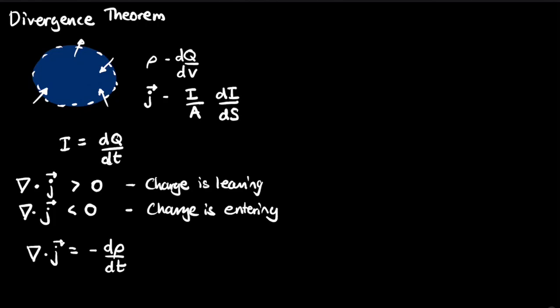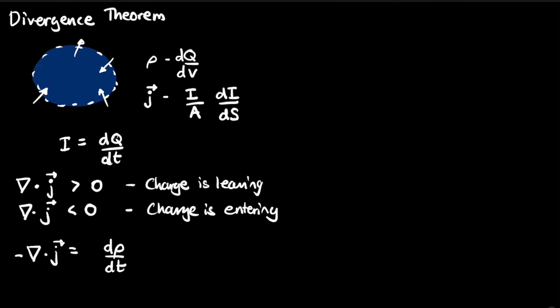So it's probably easier if I put the minus sign on this side. So charge is going to increase over time if the divergence of J is negative. So that's basically this case right here, in which more charge is entering this volume than is leaving.